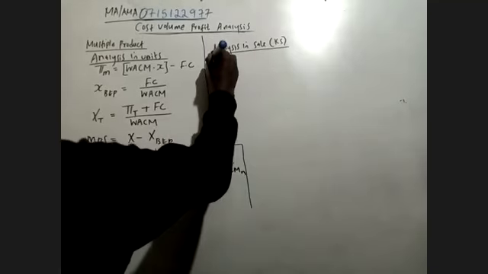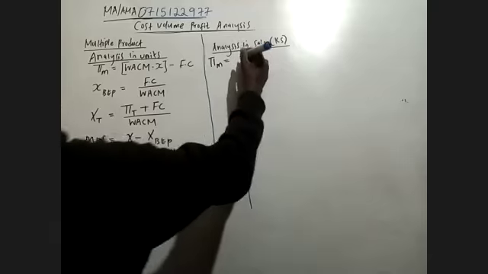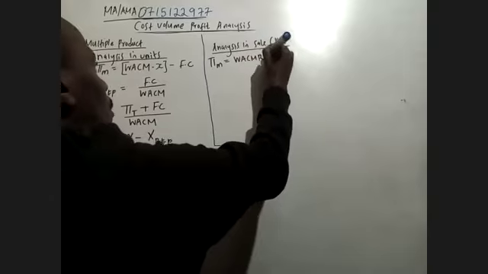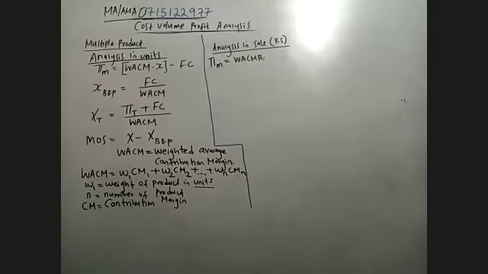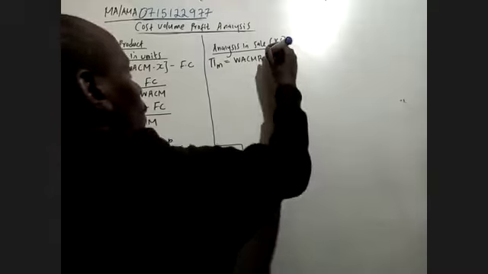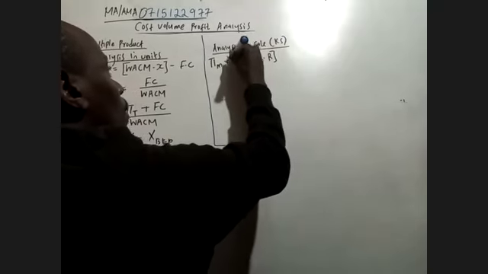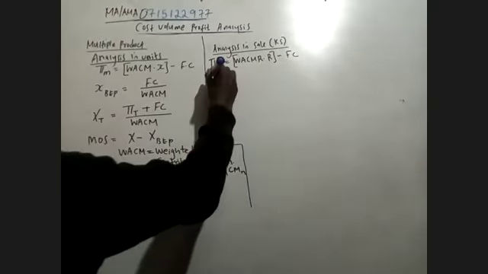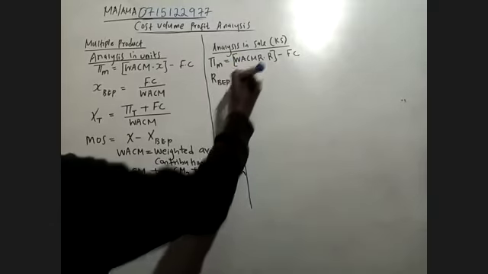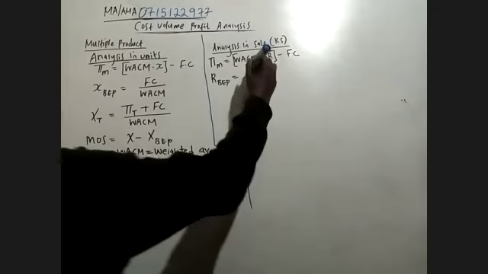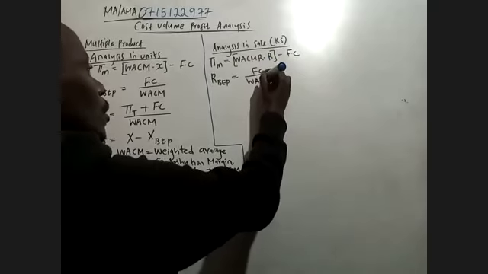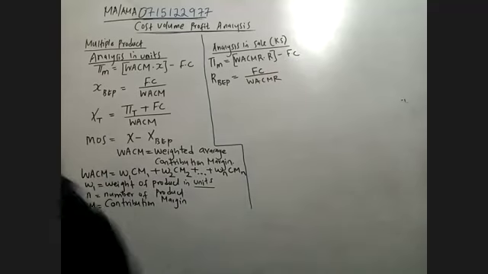Targeted profit will be the weighted average contribution margin ratio multiplied by the revenue, then less fixed cost. Then revenue BEP, we know it is fixed cost over the weighted average contribution margin ratio.